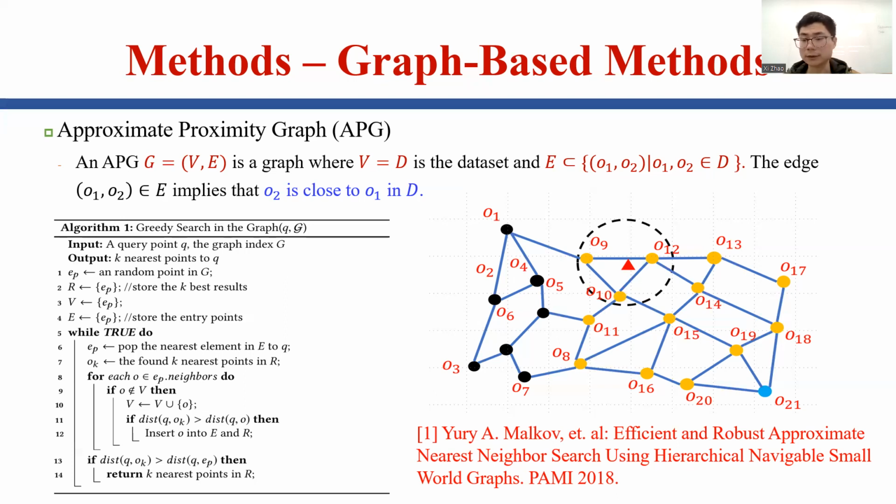Then the closest neighbor will be selected as the next entry point. Such process repeats until we find a local minima, i.e. a point that is closer to the query point than any of its neighbors. Then we will return the local minima as the final result.